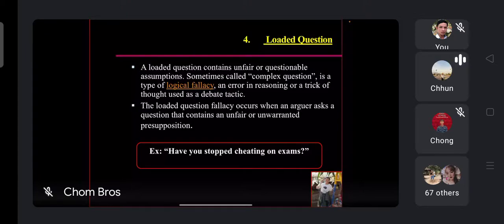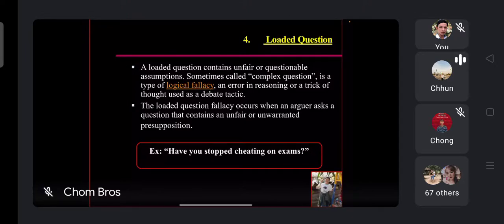The loaded question fallacy occurs when arguers ask a question that contains an unfair or unverified presupposition. Loaded questions are a fallacy only if they are used unfairly in an argumentative context.